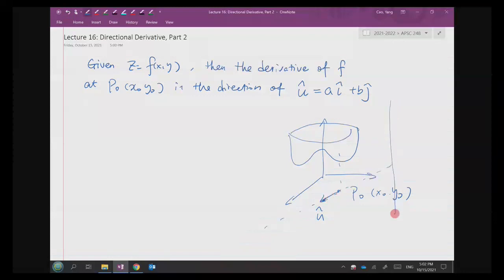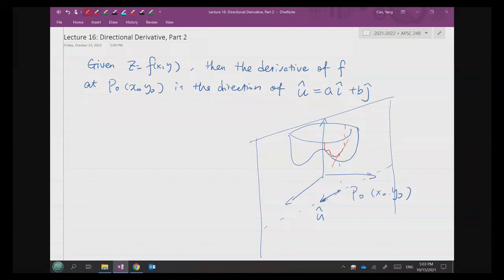If you create a plane in the direction of u hat, then that plane will intersect the surface and give you a certain kind of curve. Then the directional derivative essentially refers to the slope of that curve at that location.